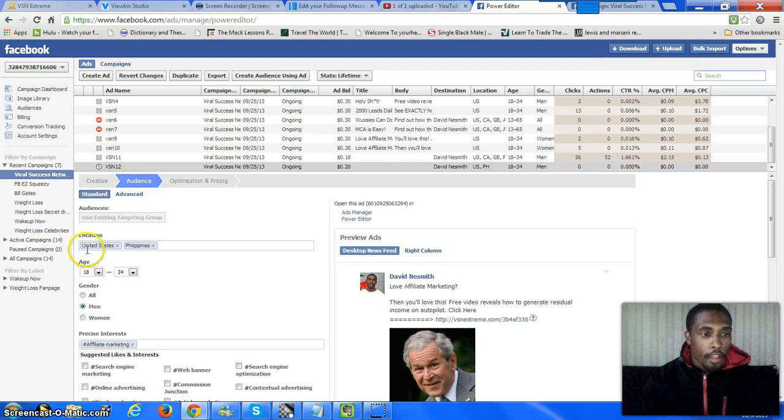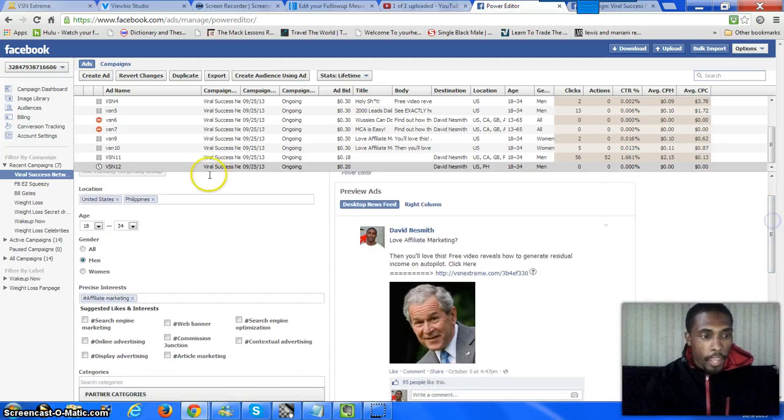Now, location. When I'm doing my location, I always like to target English-speaking countries like the United States, United Kingdom, or Australia. And I also use a third world country like the Philippines to lower my click-through rate. And I have my target, the people who I want to target, like males between 18 and 34.